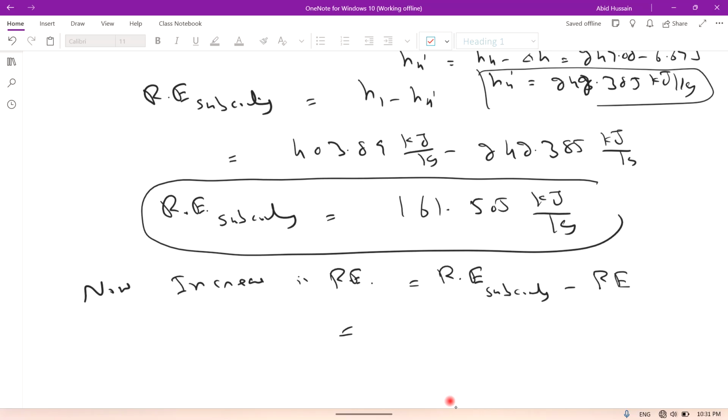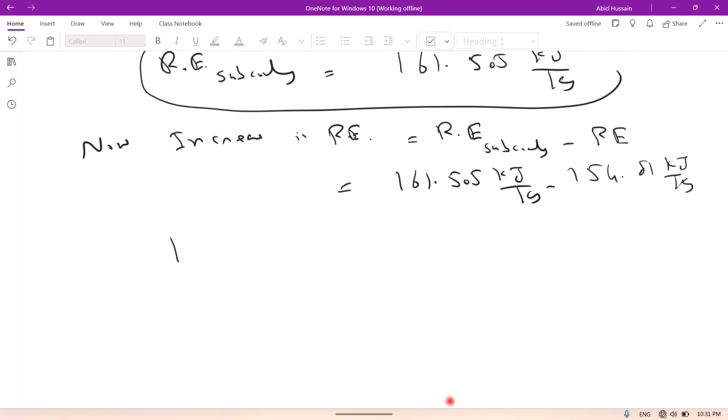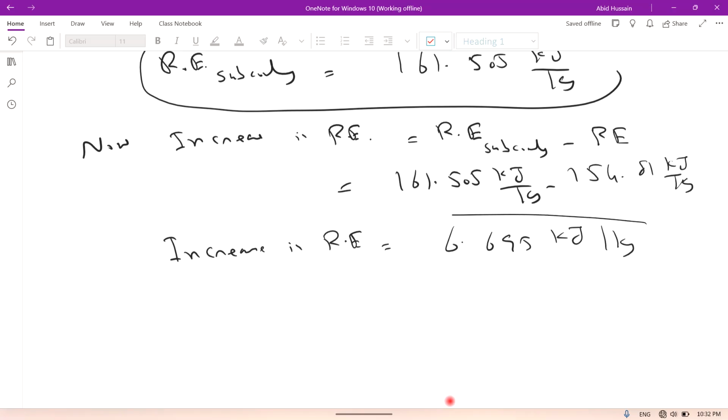So the refrigeration effect after subcooling is 161.505 kilojoule per kg minus the refrigeration effect with no subcooling, which is 154.81 kilojoule per kg. So the increase in refrigeration effect is equal to 6.695 kilojoule per kg. This is part B.